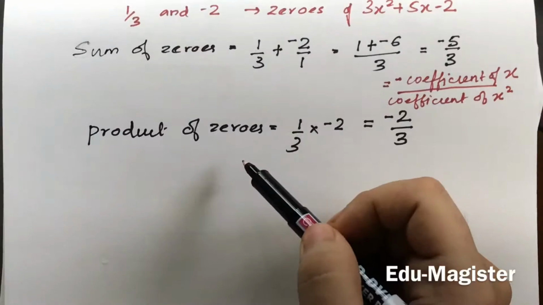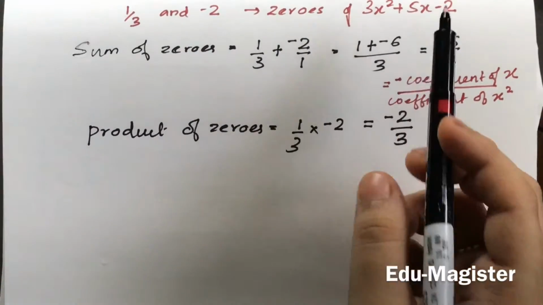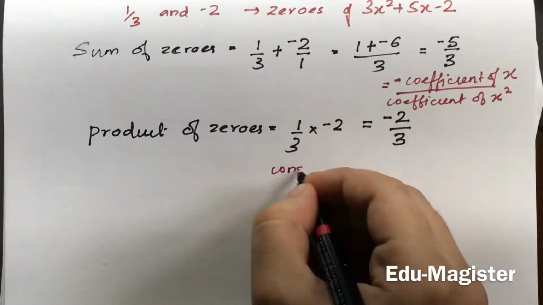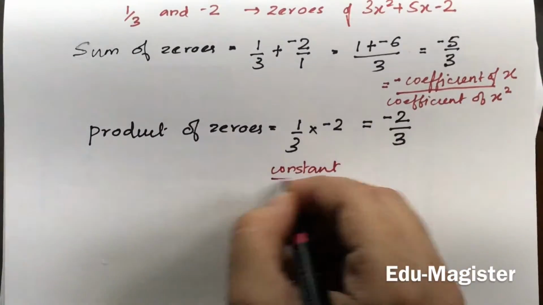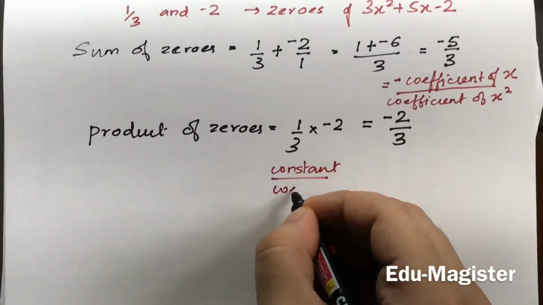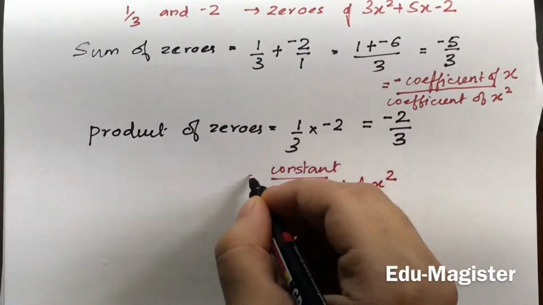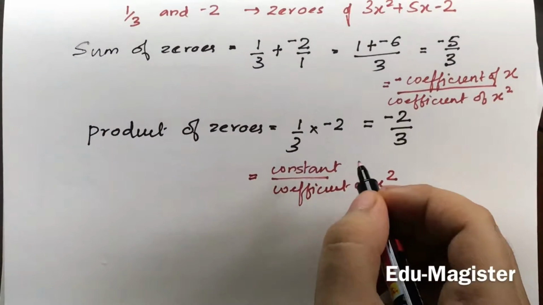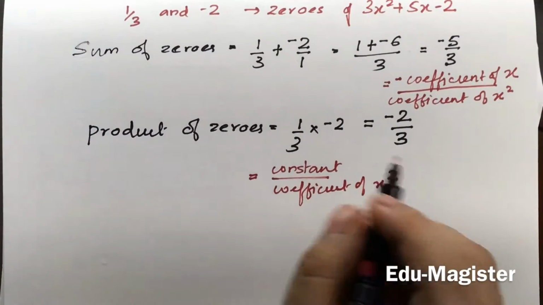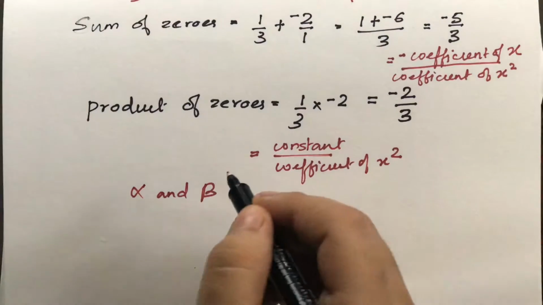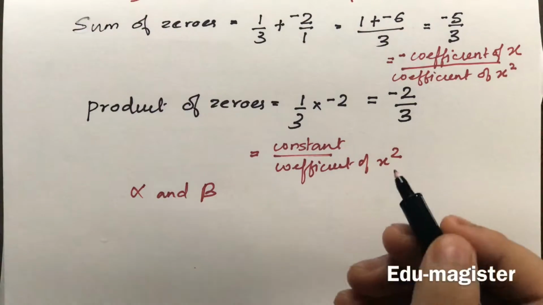And if you compare the product of the zeros to the question, you can see that minus 2 is our constant by 3 is the coefficient of x square.